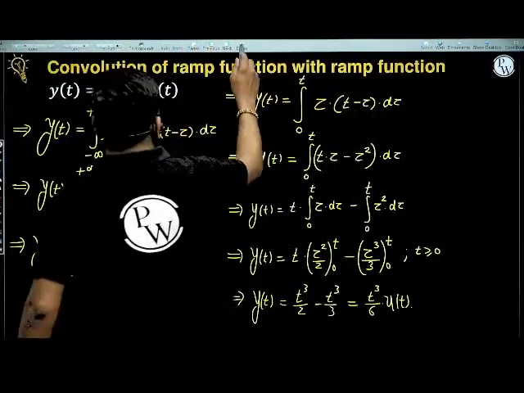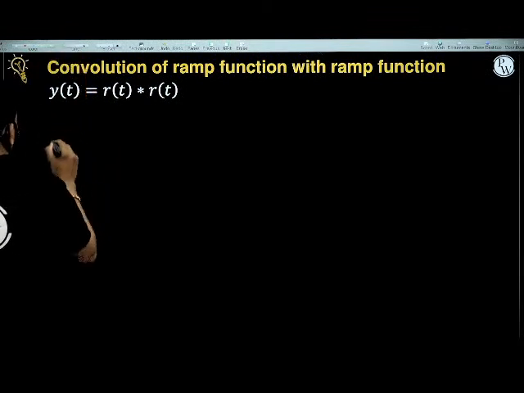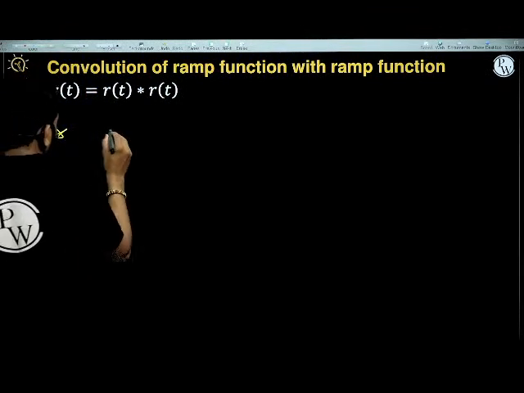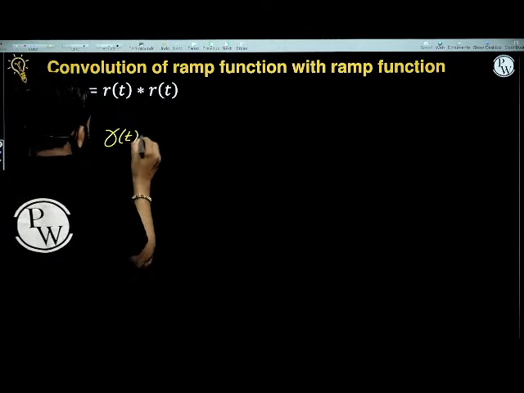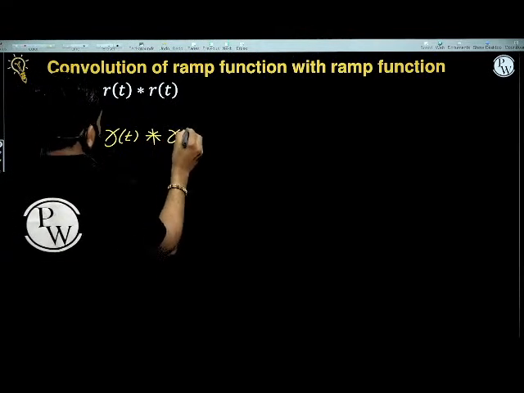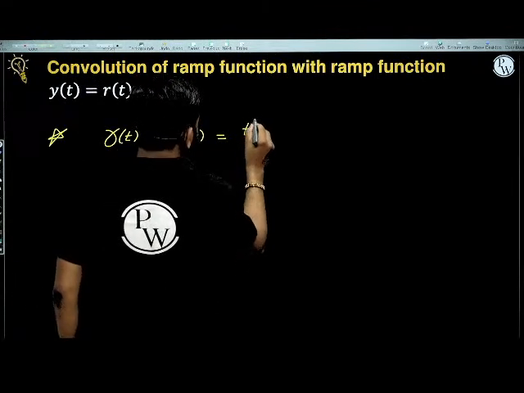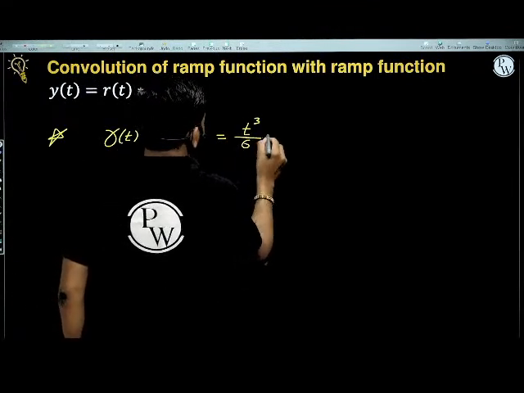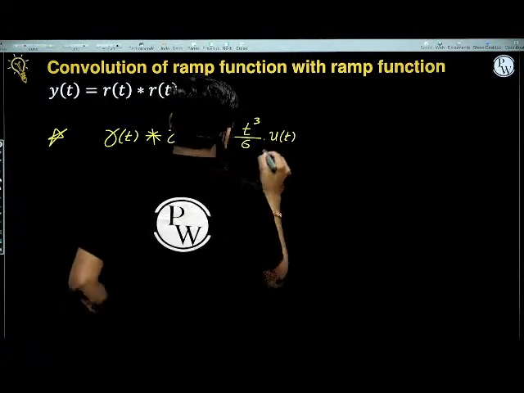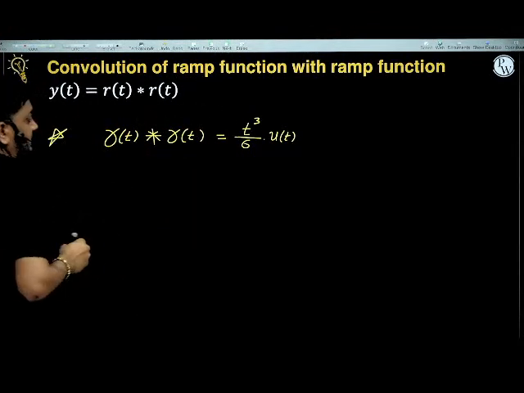Okay, so see the important result here. We got the convolution of a ramp function with another ramp function is t cube by 6 into u of t.